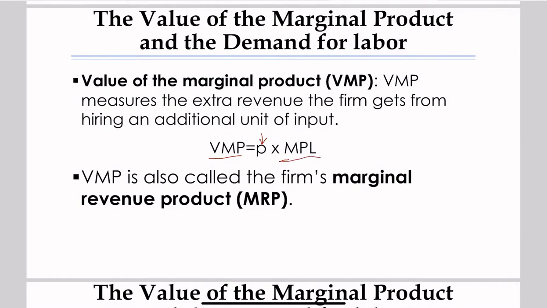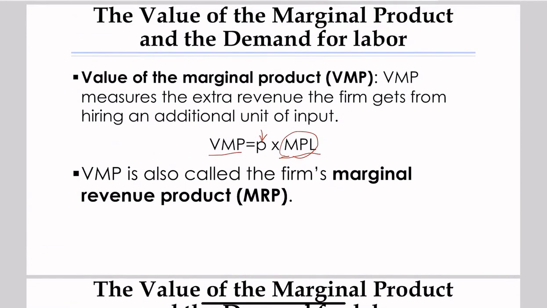This tells you the additional revenue the firm can get from an additional unit of labor, because MPL tells you the additional product this firm can get from hiring one additional unit of labor. Then if you multiply the marginal product by the price of apple, this will tell you the additional revenue the firm can get from an additional unit of labor.